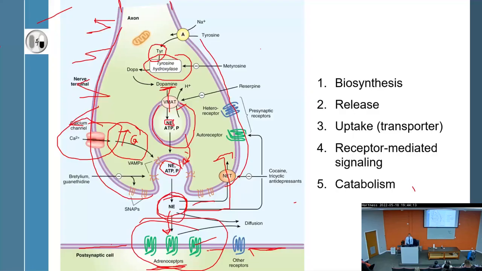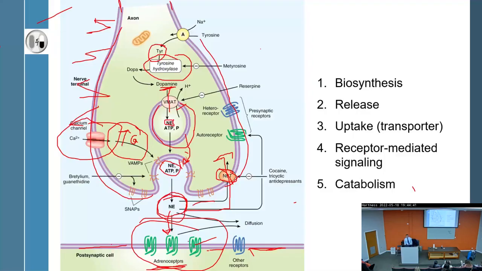Okay, and there's a bunch of transporters that do that. You've already heard about those. In this case, we call it the norepinephrine transporter, for example, the one here. A small portion of this neurotransmitter that's released will go back, and that's called reuptake.